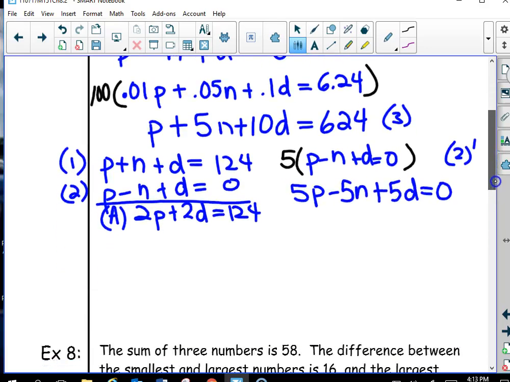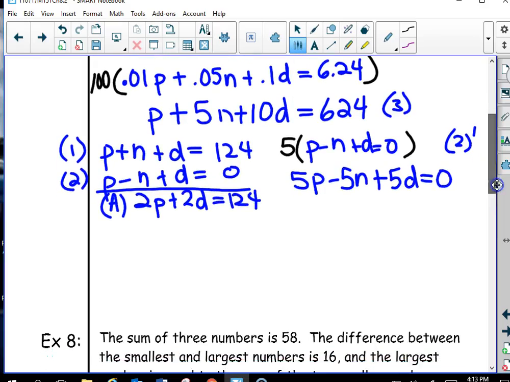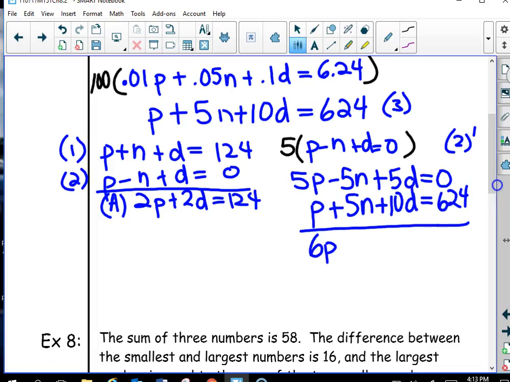And let's combine that with equation 3, the modified equation 3: P plus 5N plus 10D is equal to 624. So 6P, the N's go away, plus 15D equals 624.